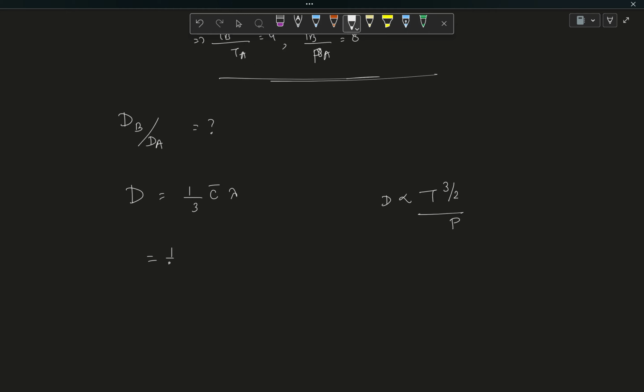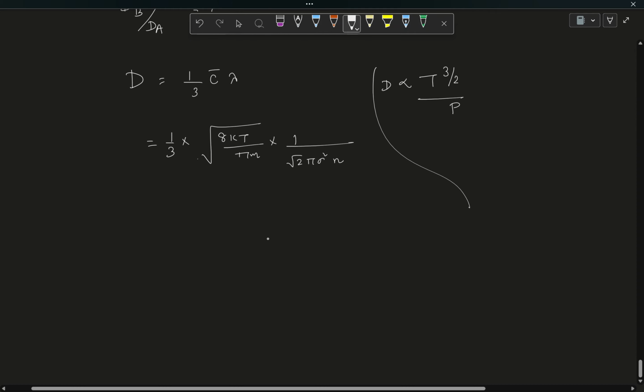So if I decompose this, then c bar is just root over of 8kT by pi m, and lambda is root over of 2 pi sigma squared into n. And you know the pressure equation is P equal to N kBT.